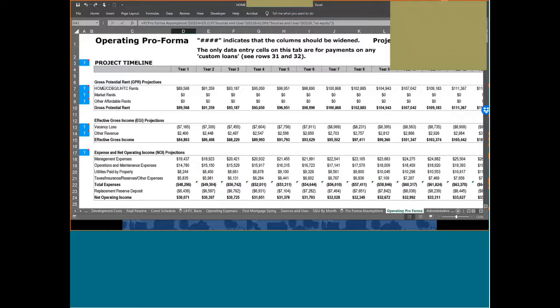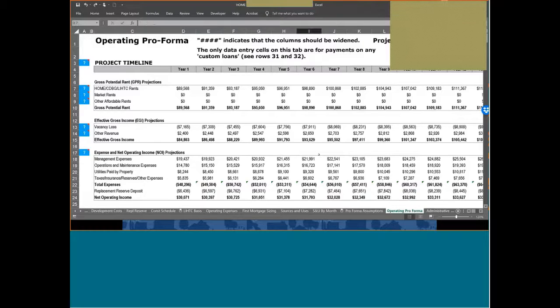Okay, got a number of more questions for you. So one of the questions is, if we have a first mortgage with a balloon payment, how do we reflect that in the template? Great question. You're going to have to modify the template.